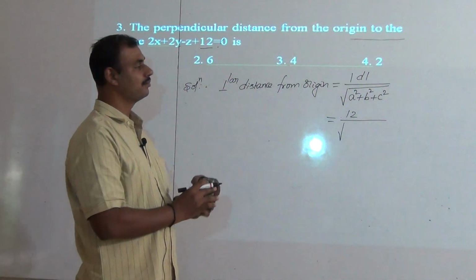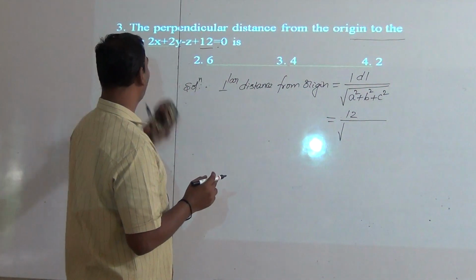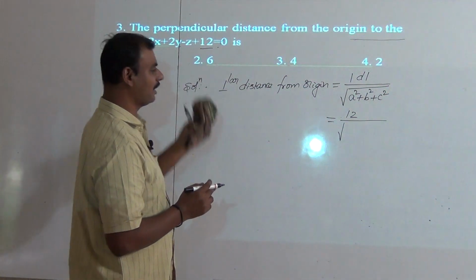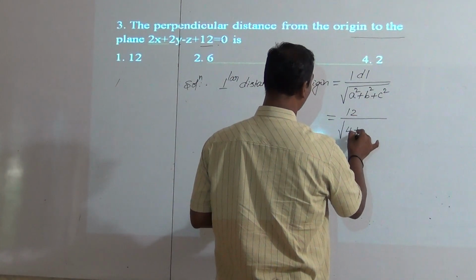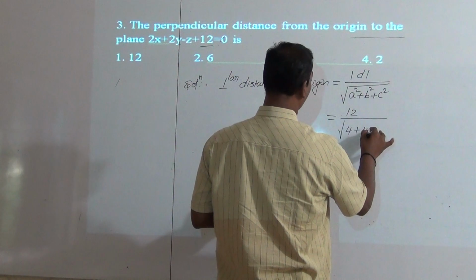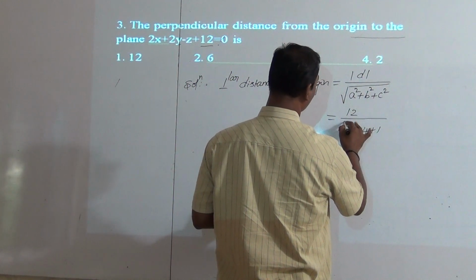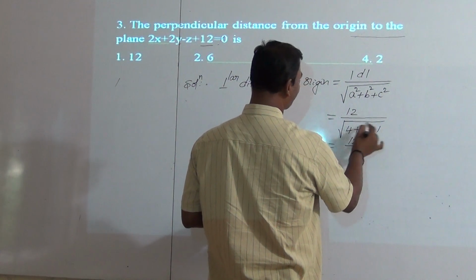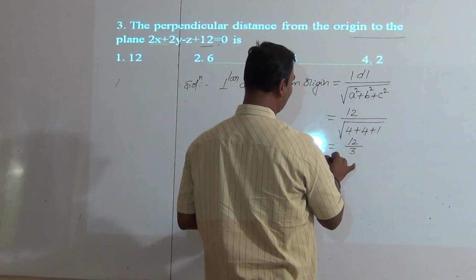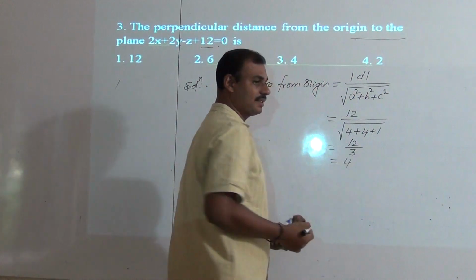These are 2, 2, minus 1. So 2 square is 4, plus 2 square, plus minus 1 whole square is 1, equals 12 upon square root of 9, which is 3, equal to 4 units.